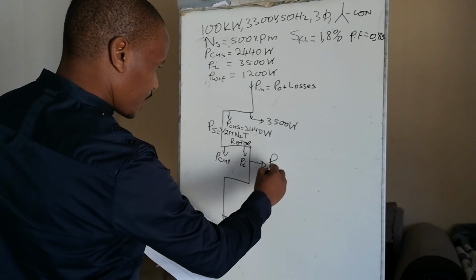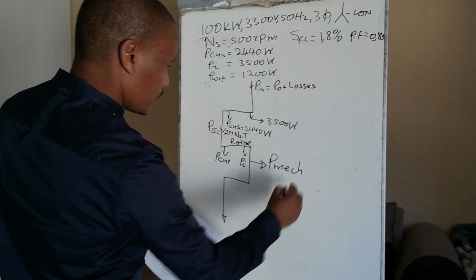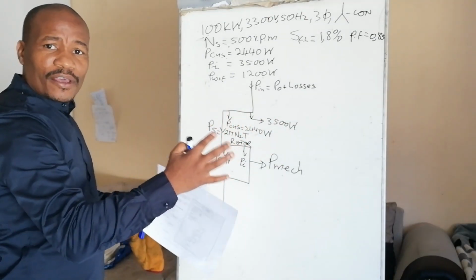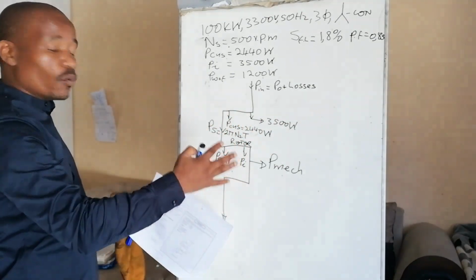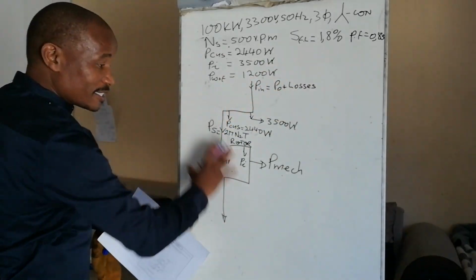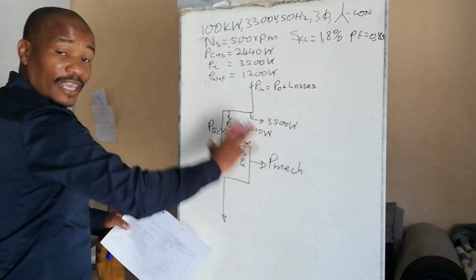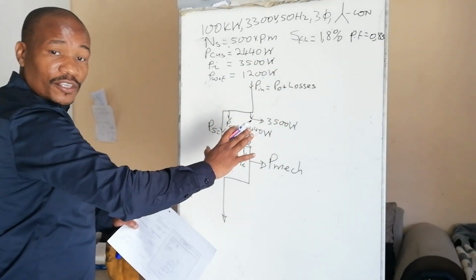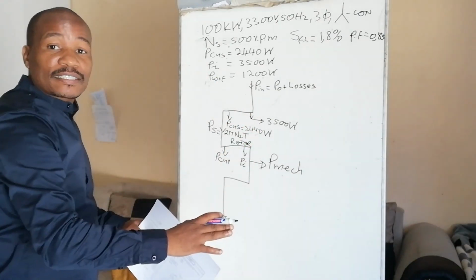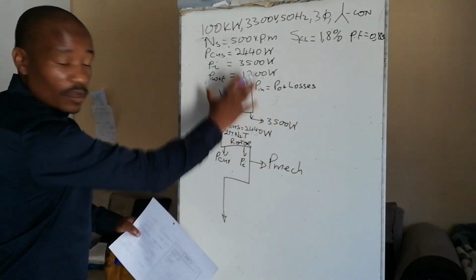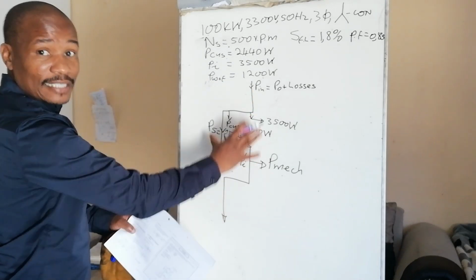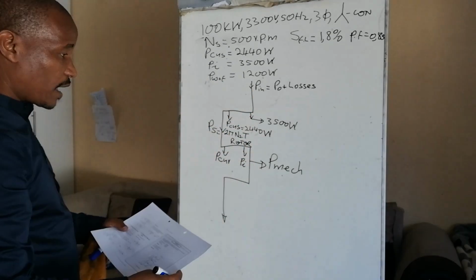And then here we've got mechanical power. I'm just doing it in detail so that when you do problems, you fill this sketch incomplete, and then from there you answer questions with answers already here. You just take answers here because you have calculated them.